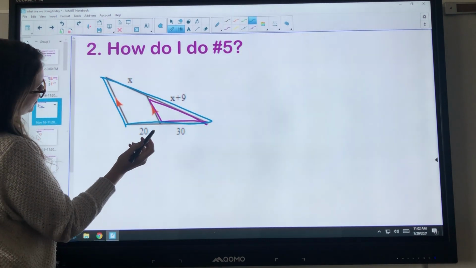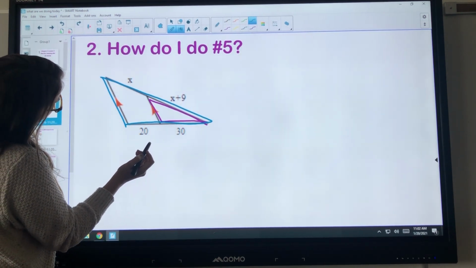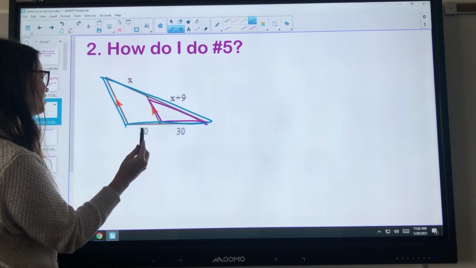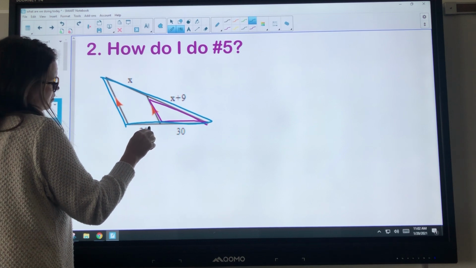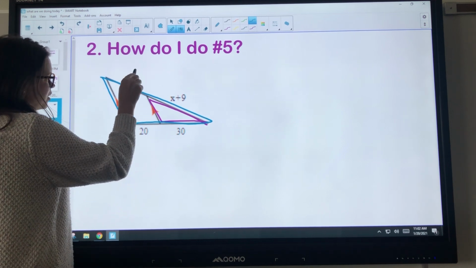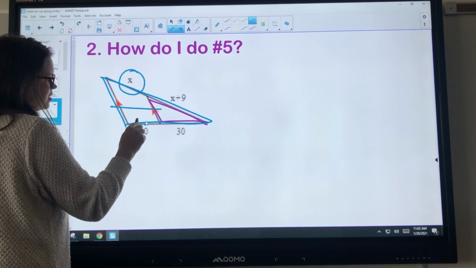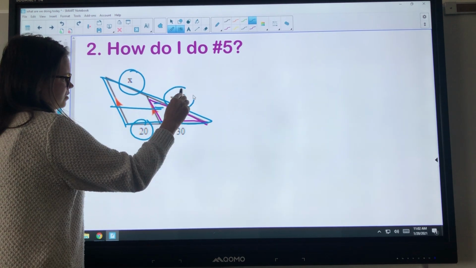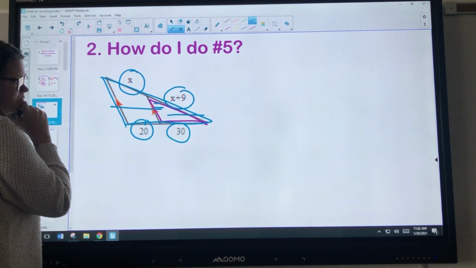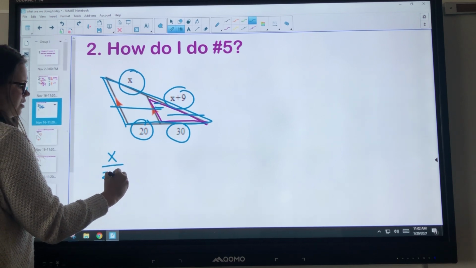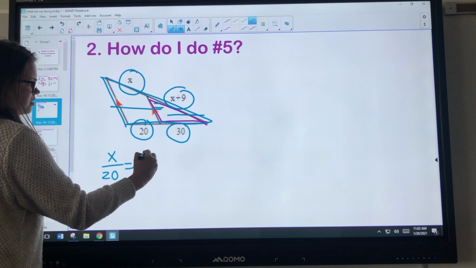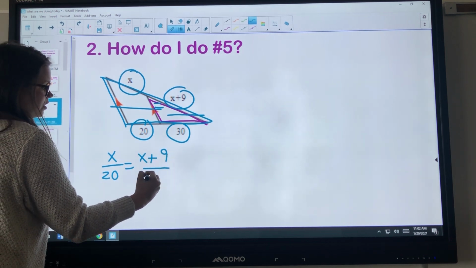So let's say we take, we can do this. I think it'll work right now if you set it up like this. Let's try it. x over 20 equals x plus 9 over 30.